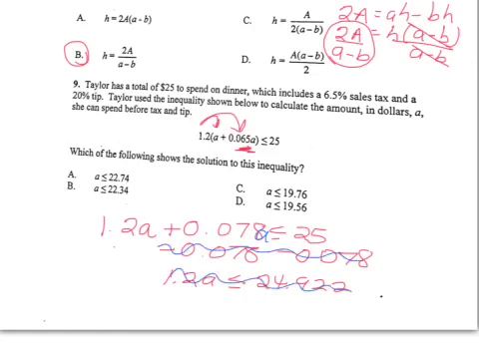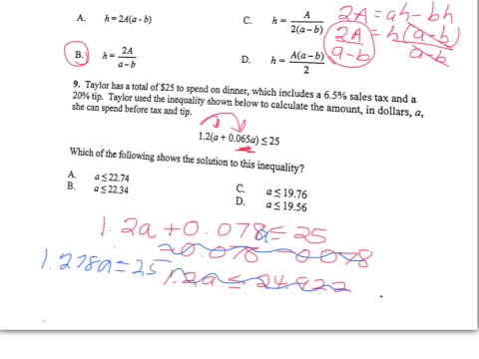So now, on the left-hand side, what I actually have is an opportunity to combine like terms. So I'm going to do 1.2 plus 0.078, which gives 1.278A less than or equal to 25.